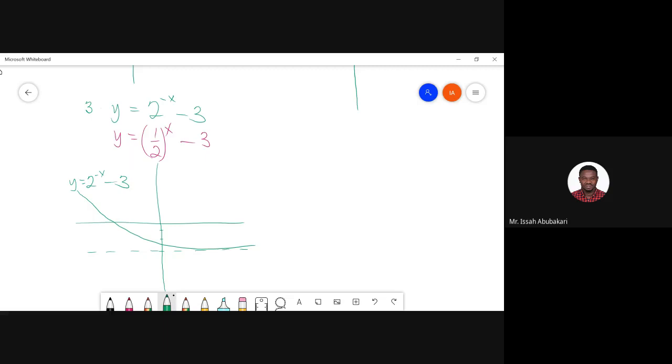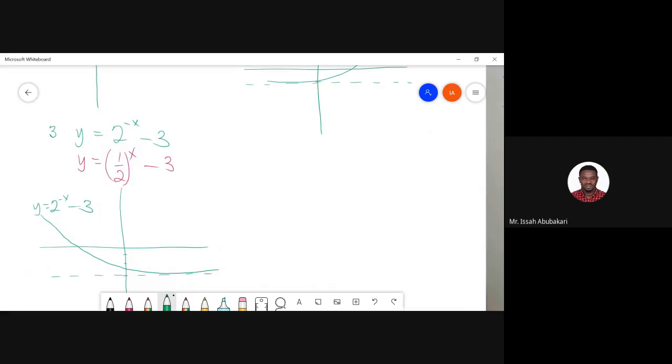Let's solve the last one, question 4, which says y is equal to 2 divided by 3 exponent x plus 4, right?